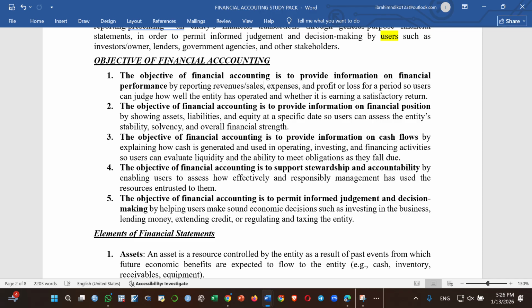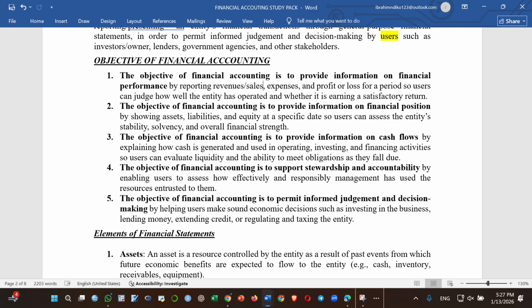So another objective of accounting is to provide information about cash flow by explaining how cash is generated and how cash is used in operating, investment, and financing activities. And that one we shall look at when we are talking about the cash flow statement.